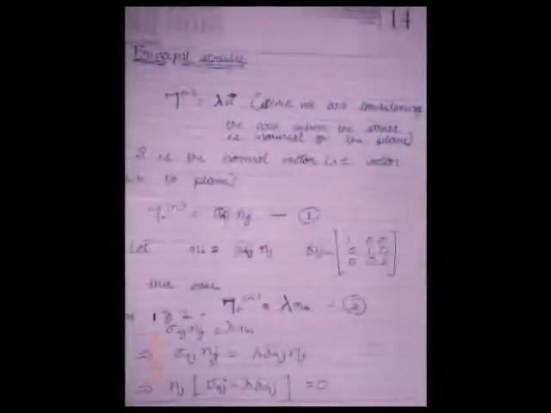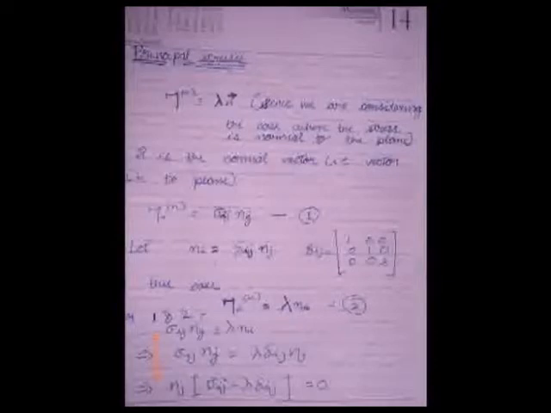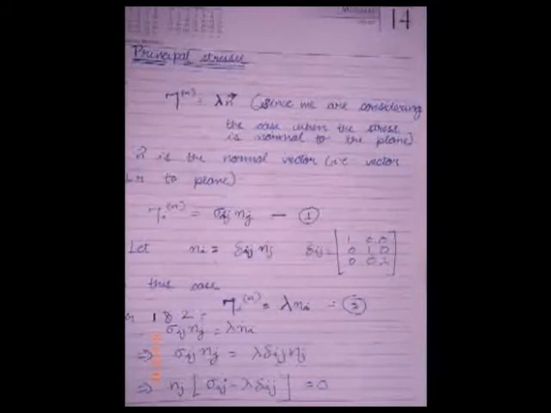So suppose we are considering only the principal stresses. Let n vector be any vector perpendicular to the given planes, right? So we are considering only those stresses which are perpendicular to the planes which we are considering.